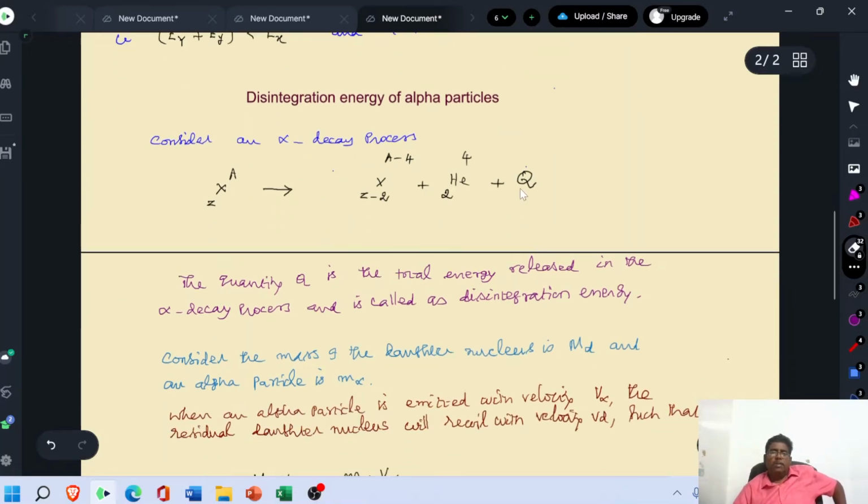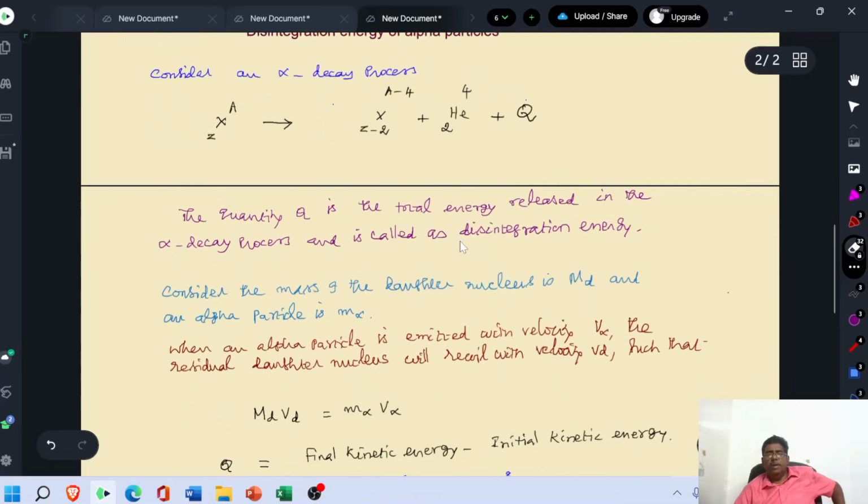To calculate the disintegration energy, we assume the mass of the daughter nucleus as M suffix D and the mass of the alpha particle as M suffix alpha. Velocity of the daughter nucleus is V suffix D, whereas the velocity of the alpha particle is V suffix alpha.